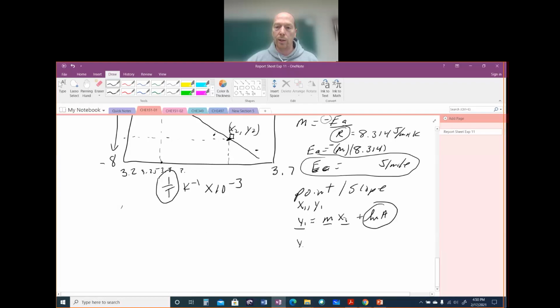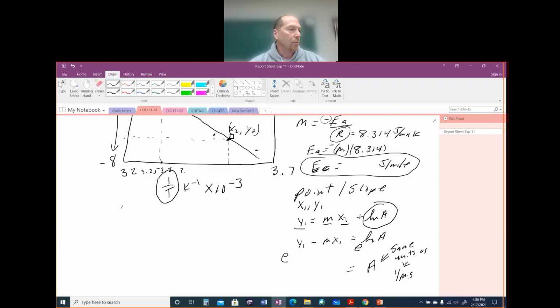So you're going to have y1, and then we're going to subtract on both sides the product of your slope times x1, and that will equal your ln of A. To get rid of the ln, you have to pick the e to the x button, and that gives you your Arrhenius frequency factor. This has the same units as K. All right, and then the K units were 1 over molarity times second. It was a second order reaction.